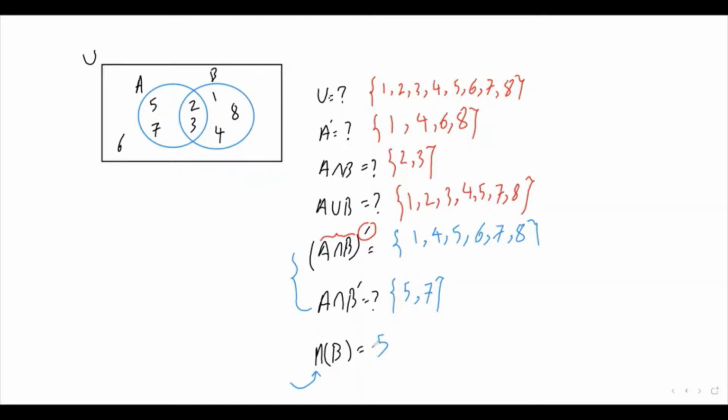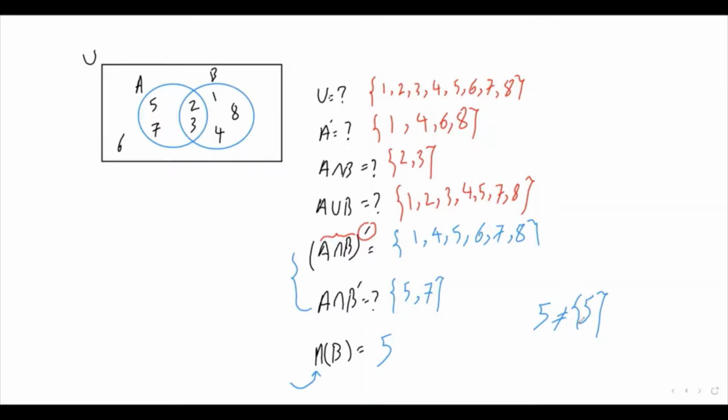Don't put it in curly brackets, because that would be totally wrong. That indicates a set which has a single member, and that member happens to be 5. But here we're looking for the number of elements in B, which is 5. So 5 is totally different from a single set which has 5 as its only member.